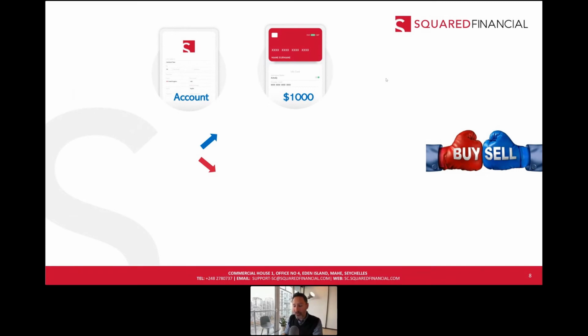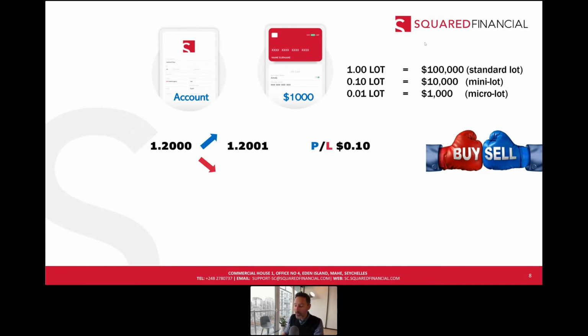And so if you open an account with Squared Financial and you deposit $1,000 in that account, and you want to buy euros with it, now let's look at how much euros you can buy with only $1,000. Now, each lot, when you buy in lots, you don't buy 1,000 or 2,000, the unit is equal to $100,000, okay?